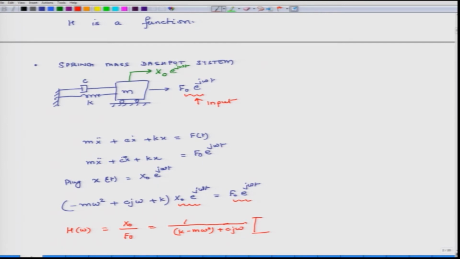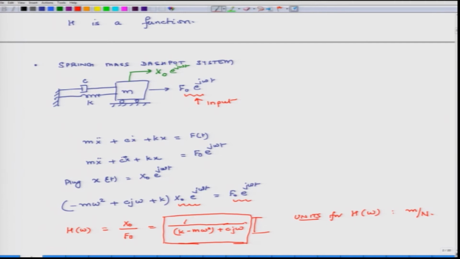And what are the units? In this case the unit of x naught is meters, f naught is newtons. So, the unit of the transfer function is meters per Newton. Now, look at this relation. The transfer function does not depend on f naught and neither does it depend on x naught, because what do you have in the transfer function?